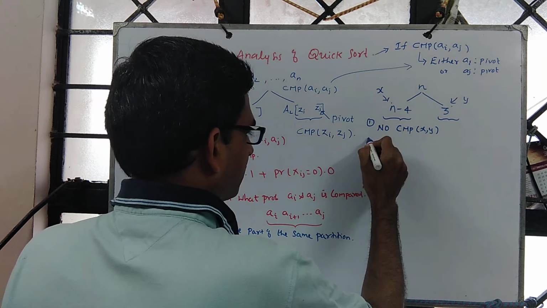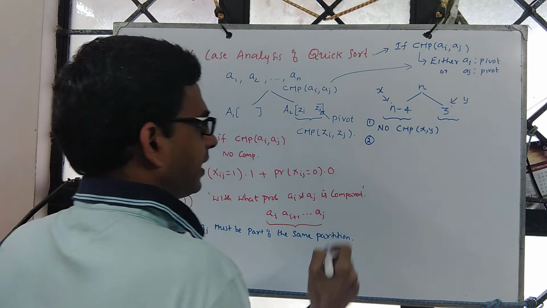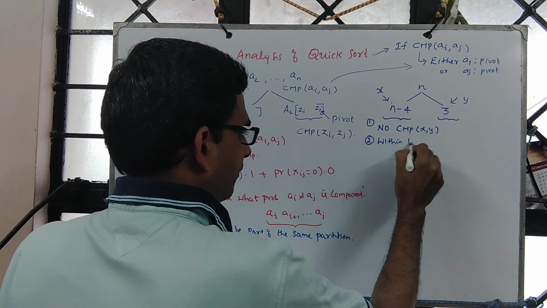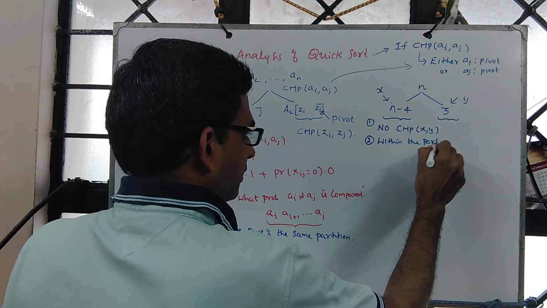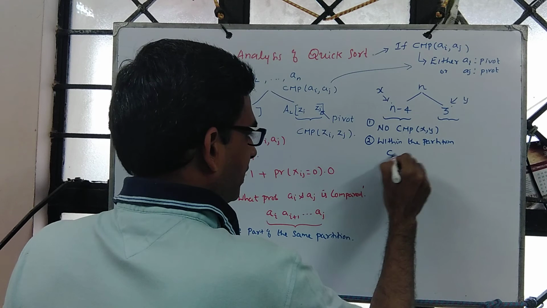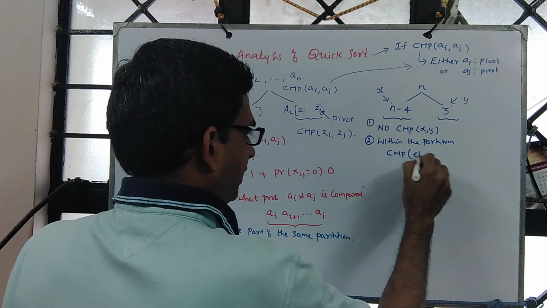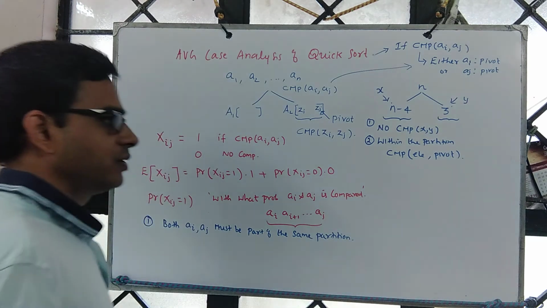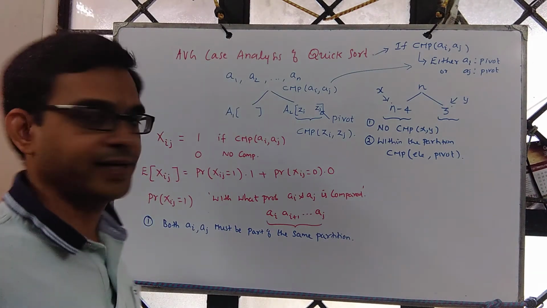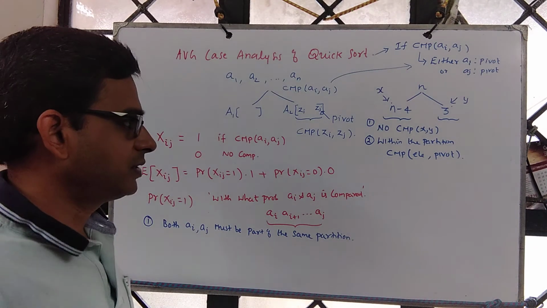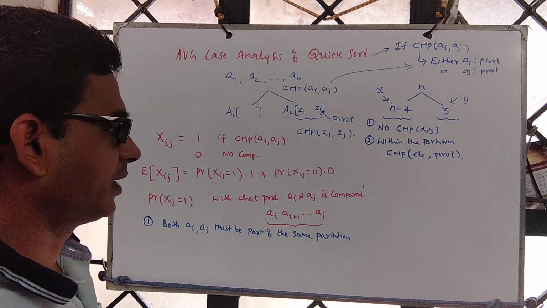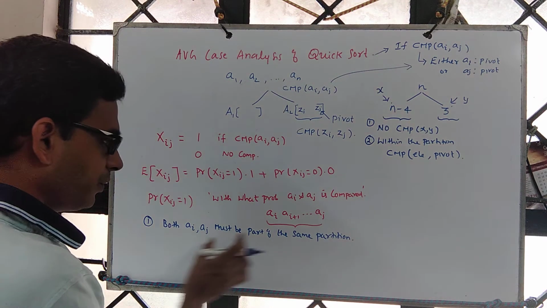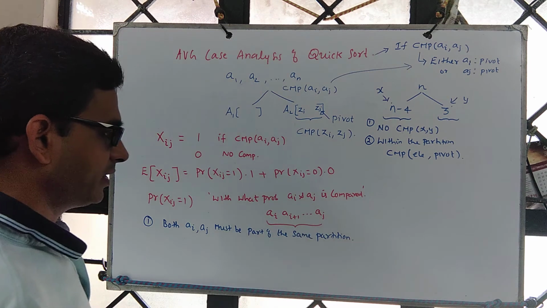That's the first thing. And second, within the partition, the comparison is between element and pivot. There is no other comparison taking place. So this is something one should make a note of. So they both have to be present in the same partition.